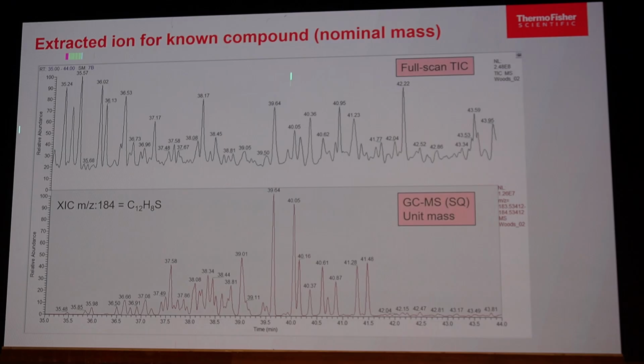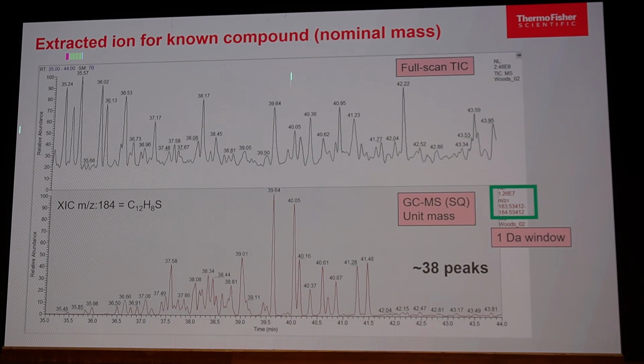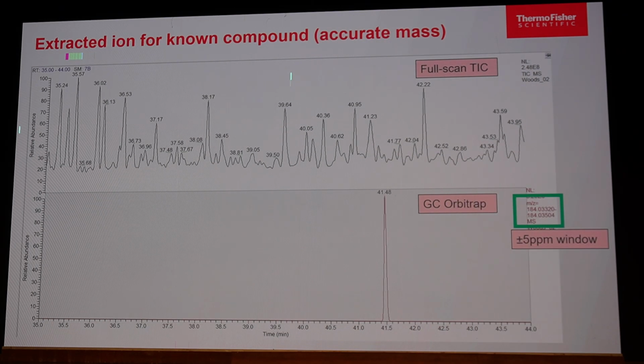From 77.5 to 78.5, everything is 78 for this quadrupole machine. When you extract it, you can see around 38 peaks in a 1 Dalton extraction window. But when you do the same thing at 5 ppm, you get only a single peak. And this is the beauty of the HRMS.